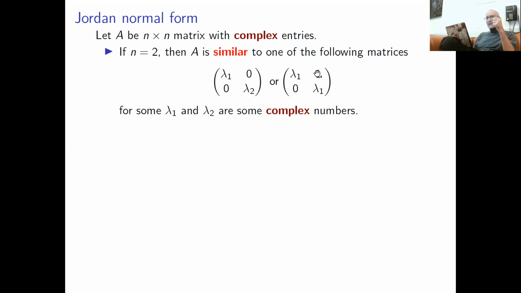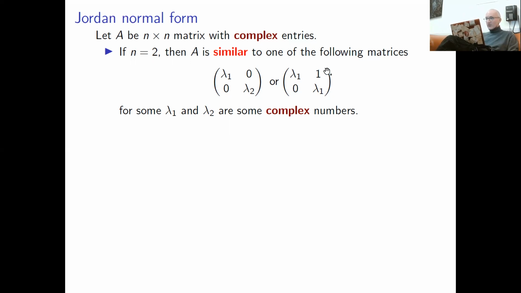But then you play a little bit with your second vector like we did in the previous case, and you can show that you can make it 1. This is a sketch. Strong advice, if you want to have fun, just prove this yourself. 2 by 2 is not complicated.